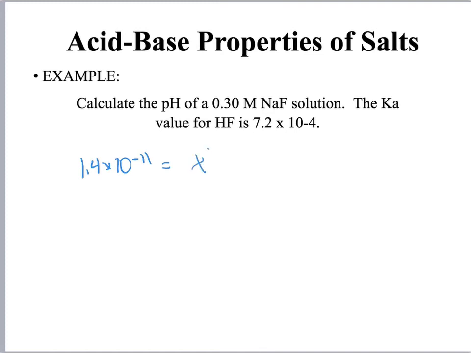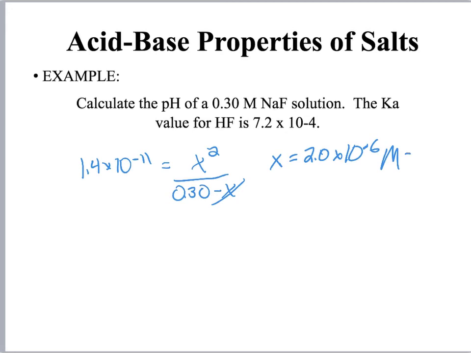That would be equal to x squared, because both of our products were x in the ICE table, all over the 0.30 minus x. That is your concentration of your F minus. We know that the x is negligible here, so when you solve this for x, you should get 2.0 times 10 to the minus 6 molar.